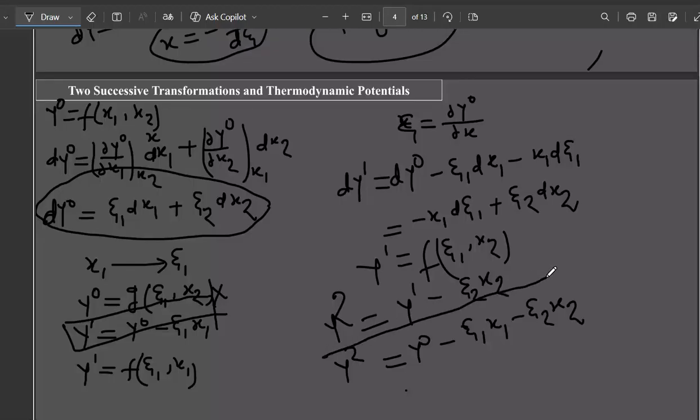This is our successive two transformations.